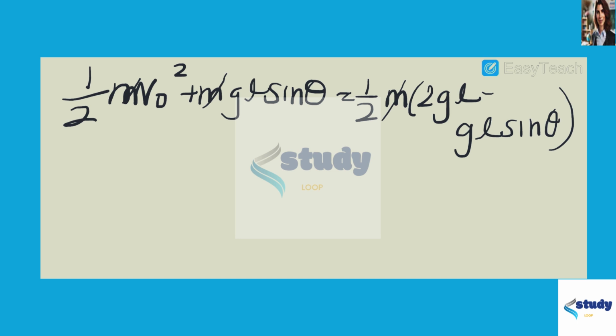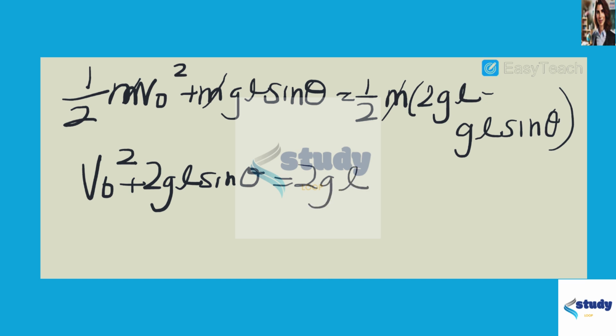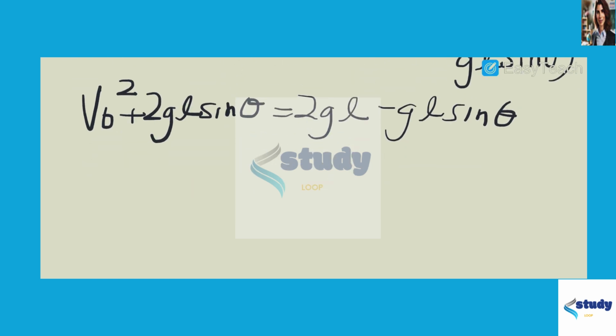And what we're going to do is multiply the whole thing through by 2 just to get all the fractions out of there. And we're going to end up with v0 squared plus 2gL sine theta is equal to 2gL minus gL sine theta. Again, we're going to combine like terms, so we're just going to bring all the sine theta to one side.